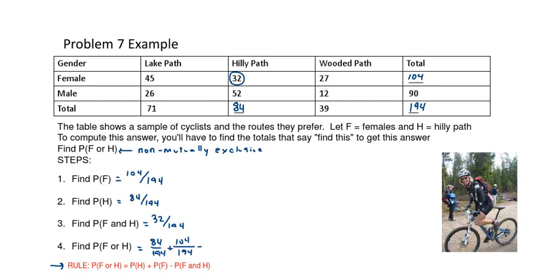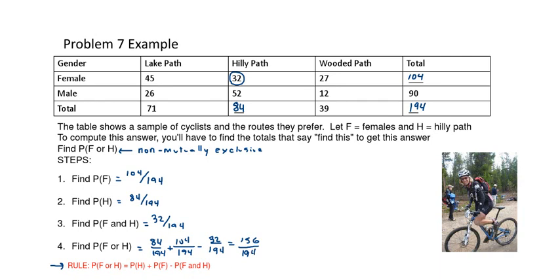And then finally we're going to subtract away 32 out of 194, our overlap of those who are both female and prefer the hilly path, and we're going to combine them all together. When we do that, 84 plus 104 minus 32 gives us 156. Since we're adding over the common denominator of 194, that would be our answer right here.